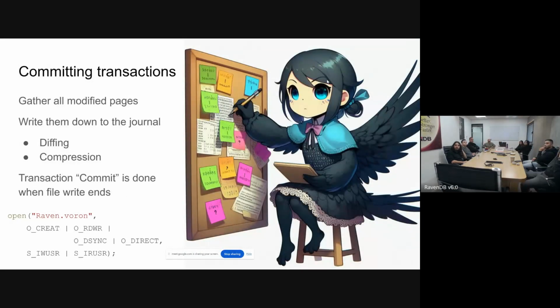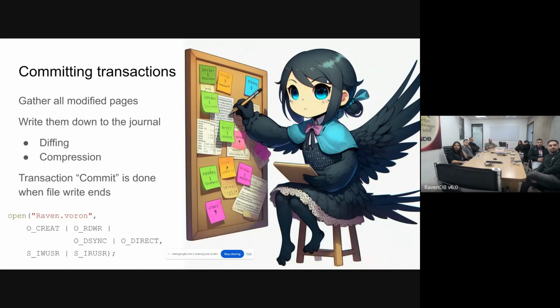So this is the process that happens. You can see that this is Igor. When he wants to modify something, the board is the actual data file, and he's copying pages down and modifying them.